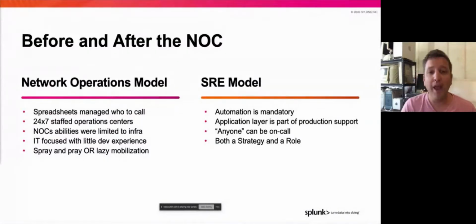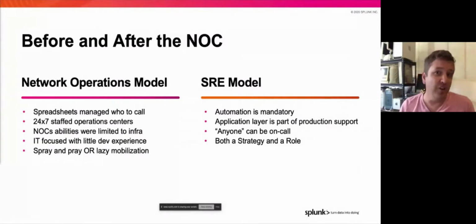Before we had the SRE model, we had the NOC. The NOC was largely driven by a physical room, staffed 24/7. You had three or four people in the NOC watching everything going on. When something broke, they used a spreadsheet to decide who to call. They were usually focused on the core infrastructure, not the application layer.